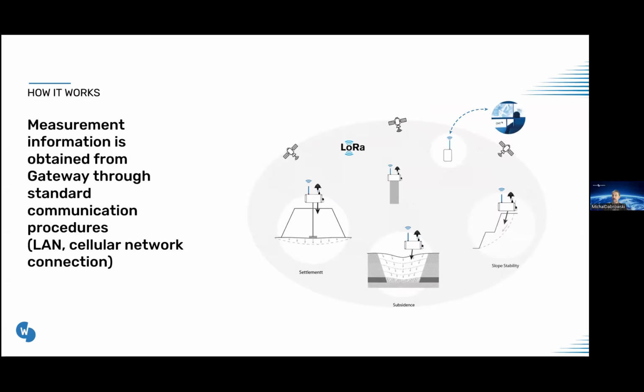Then from the gateway, all the information, just like with all our load sensing devices, is communicated back to your data depository, data server, to your software. This happens over a cellular network or over a LAN cable, or directly into your computer or directly into your monitoring system.